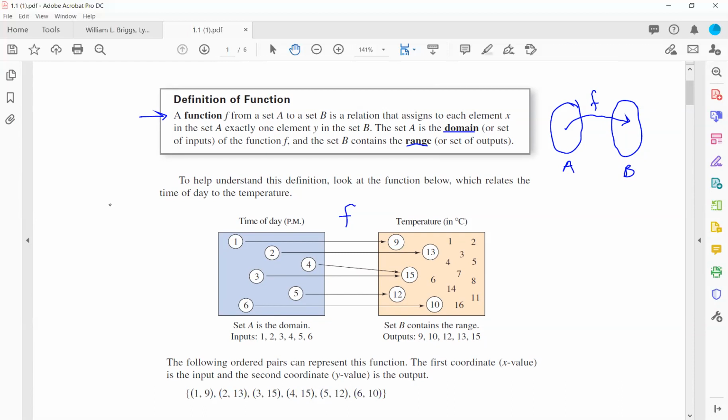And finally, the last value in the domain is 6. Function f takes 6 and maps it to 10. At 6 p.m. the temperature is 10. So we can represent this function using points.